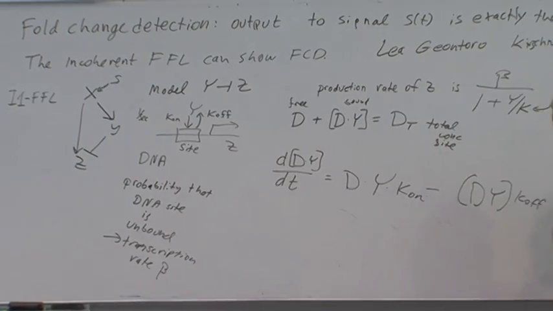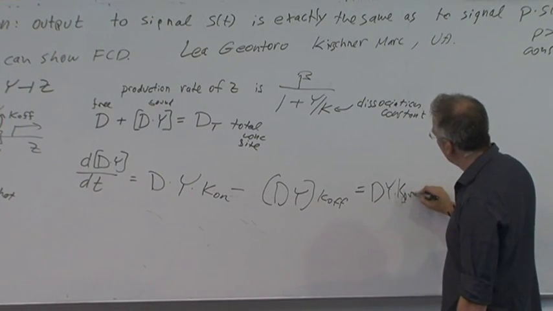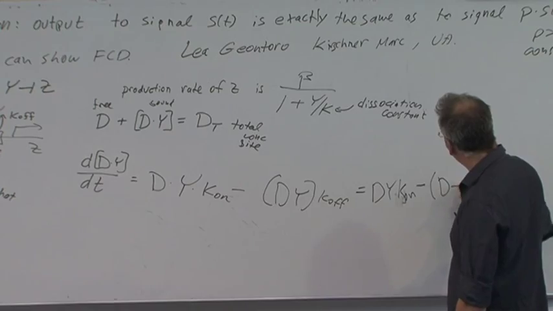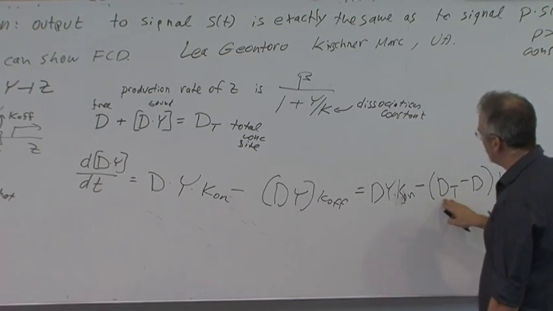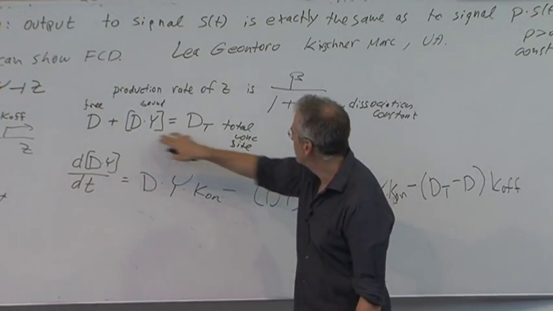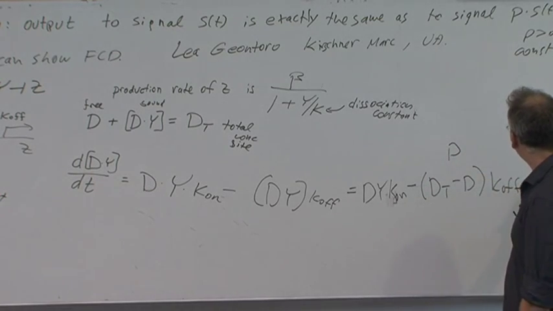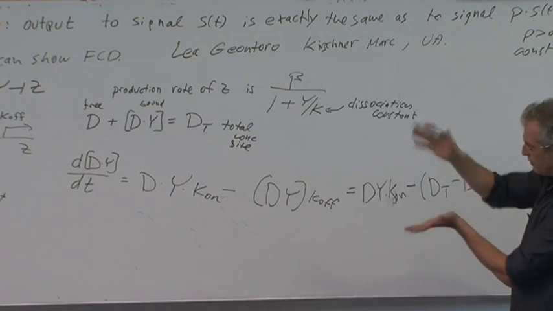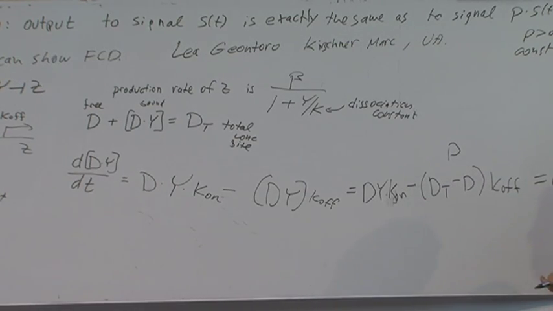So it's d times y times k on, times d total minus d, minus d times k off. Because d plus, I move d times y here. And at steady state, this equals 0. Steady state, because I'm averaging over time much larger than 1 second.